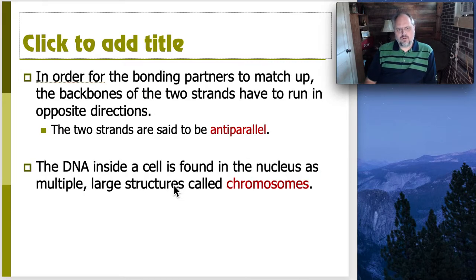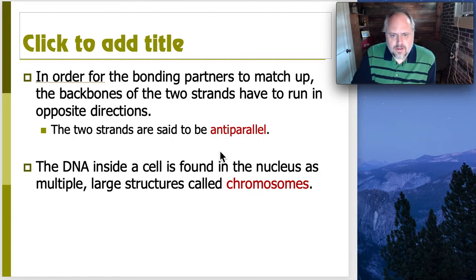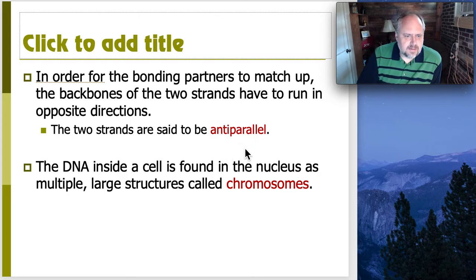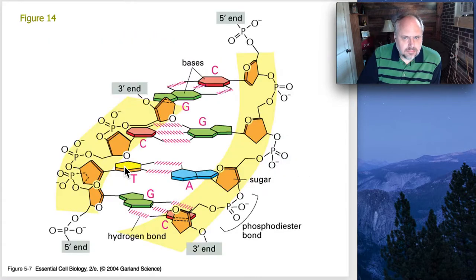And in order for the complementarity to show up in this case, the two strands actually have to be anti-parallel to each other. That's probably a term that you'll remember from maybe even high school biology. And so that's just referring to the 5' and 3' ends of the two chains. And let's just bounce forward to this picture here.